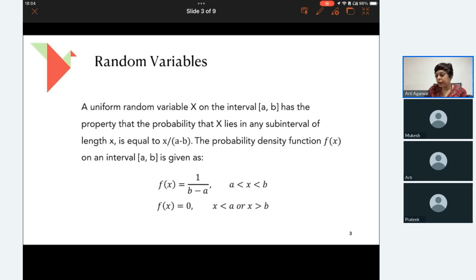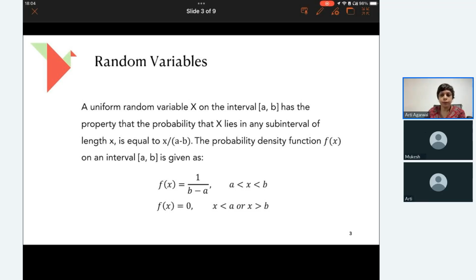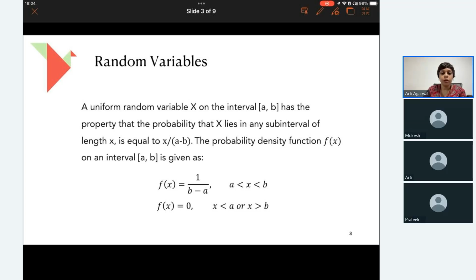If you take the uniform continuous version of that experiment or trial, that is your continuous uniform random variable. I'm just trying to give you an intuition of what it really means.